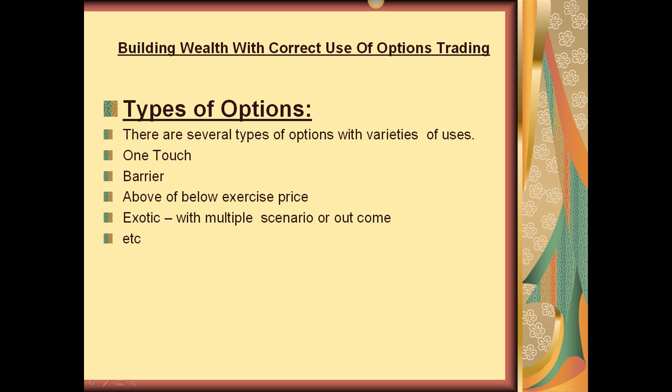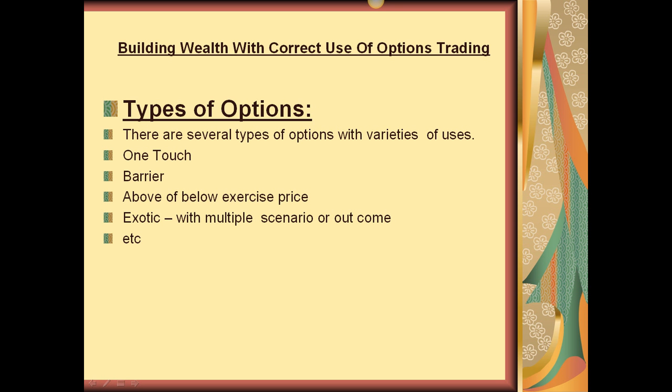Then there are other options which are barrier options, used by many institutions quite extensively. They may be options which only come into play if the price touches a certain barrier. Otherwise, they expire worthless. Then you may have options where, during the lifetime of the option, it would only have any value if it, for example, either remains below a certain level or goes above a certain level.